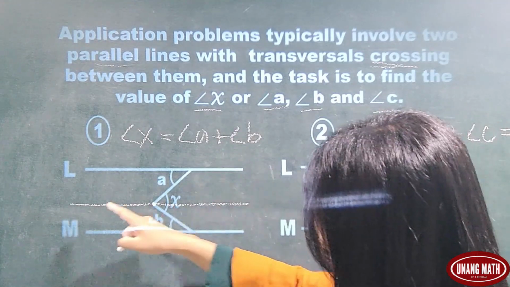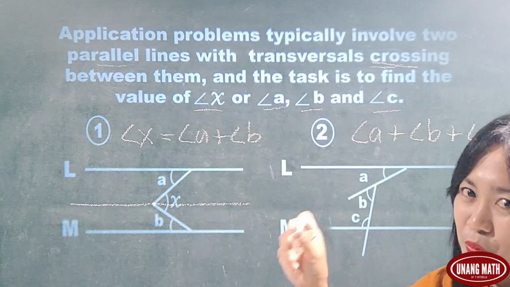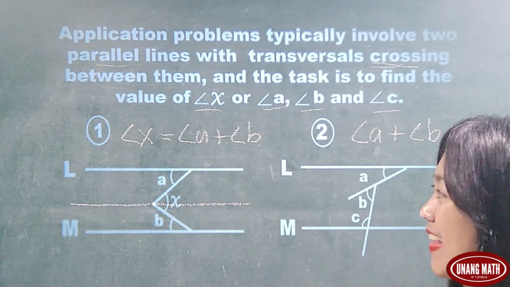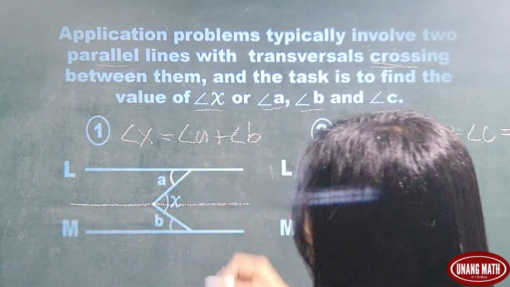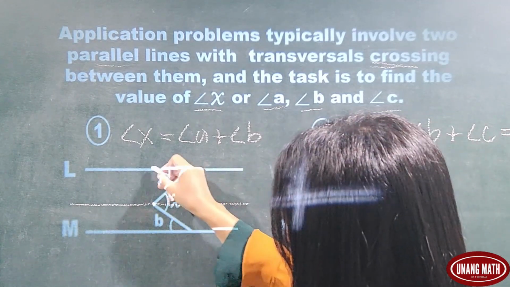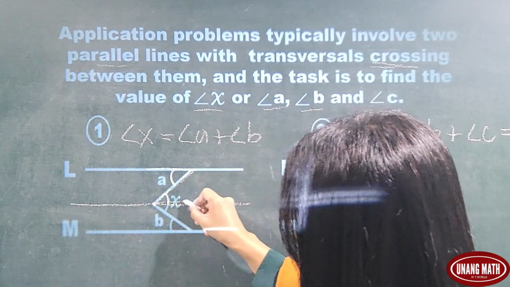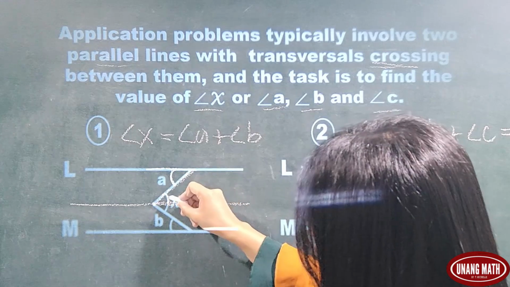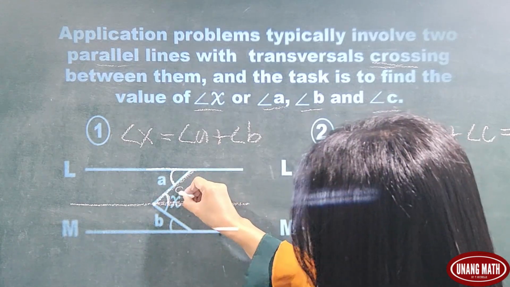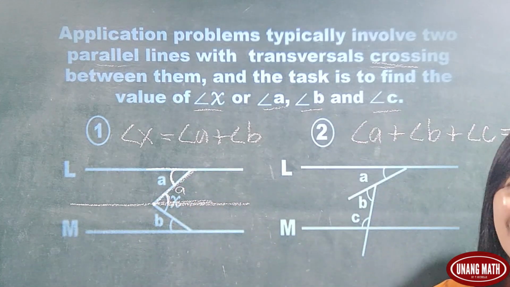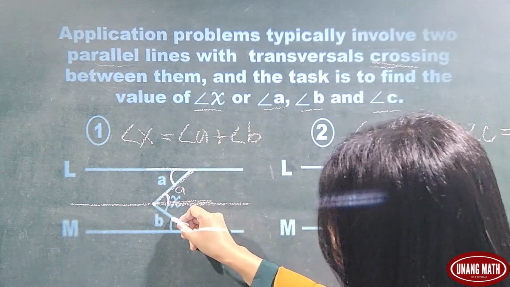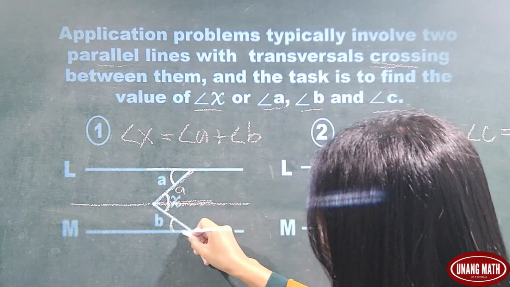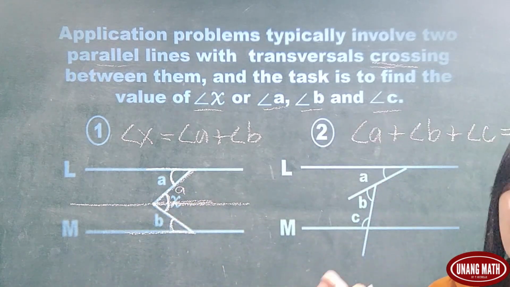Okay, now after drawing the helping line, we can now apply the property of parallel lines. This angle and this angle are alternate interior angles. If this is angle A, then that means this angle is also angle A. This angle and this angle are also alternate interior angles.